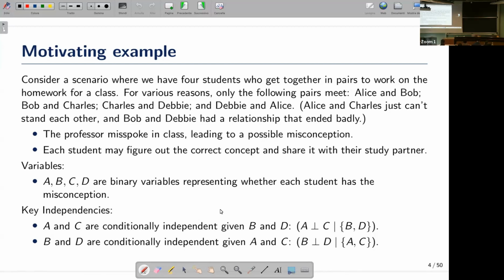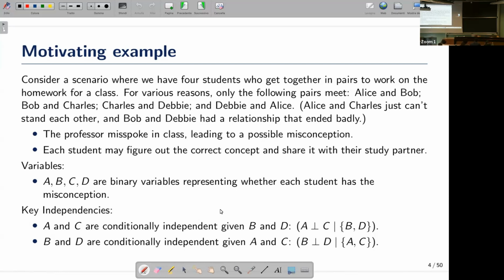Charles talks with Debbie, but Bob, the other student, and Debbie had a relationship that ended badly. So they cannot stand each other and they don't talk to each other. So there cannot be a connection between Bob and Debbie, as well as there cannot be a connection between Alice and Charles, because they don't like each other, so they don't talk.